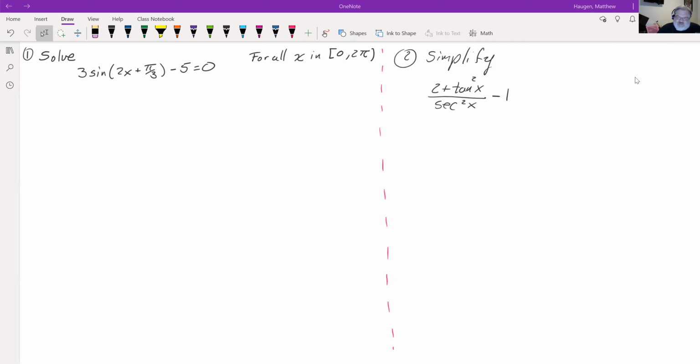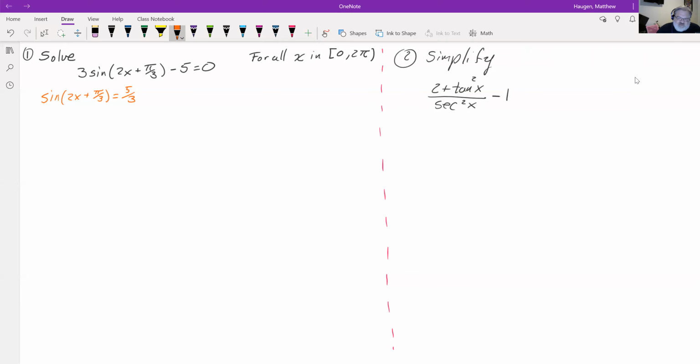The sine inverse of 5/3? Yeah, what happens when you take the sine inverse of 5/3? We haven't seen any examples when this happens. But yeah, we know sine doesn't output anything above or below +1 or -1.